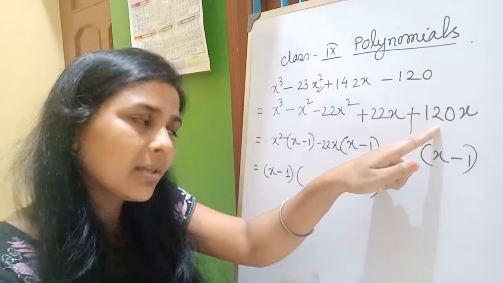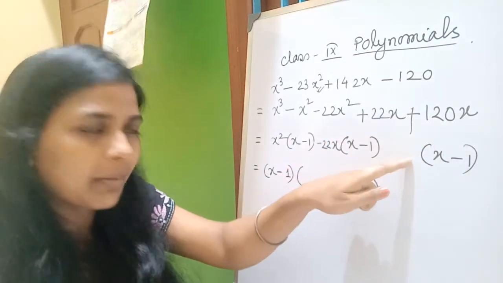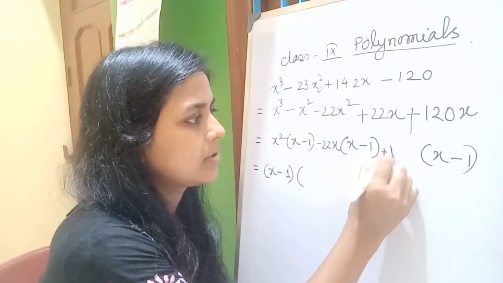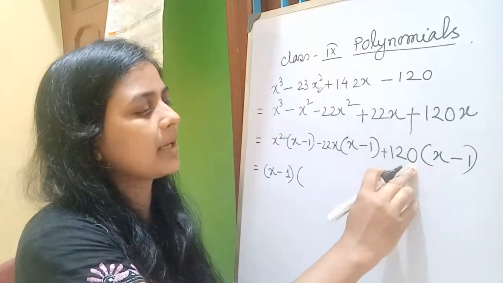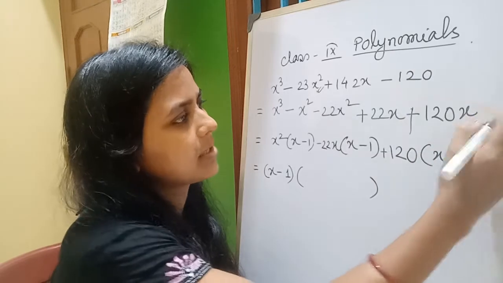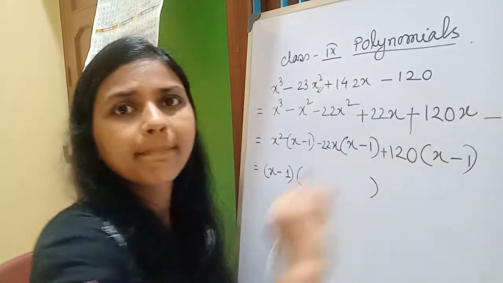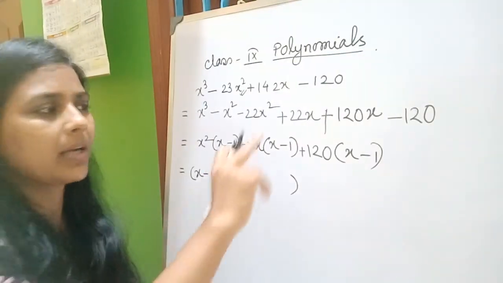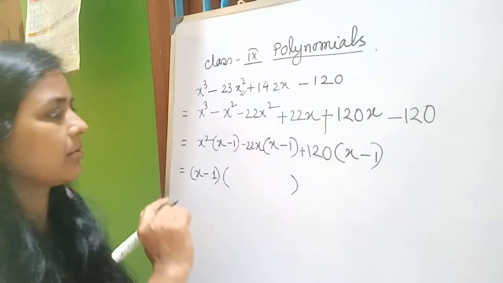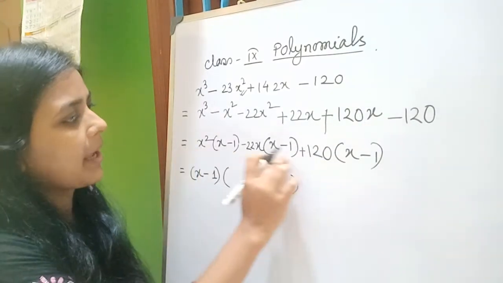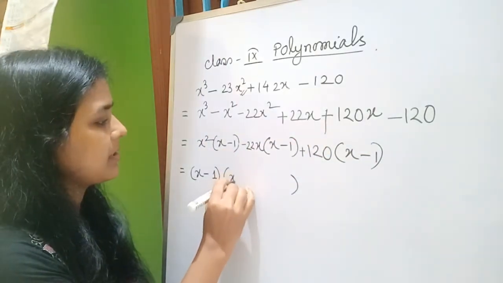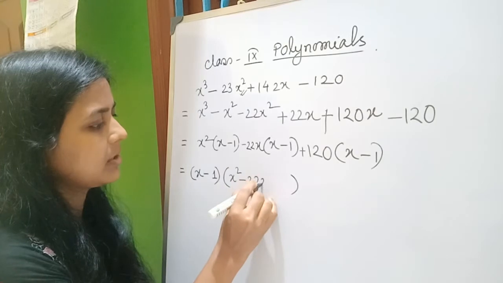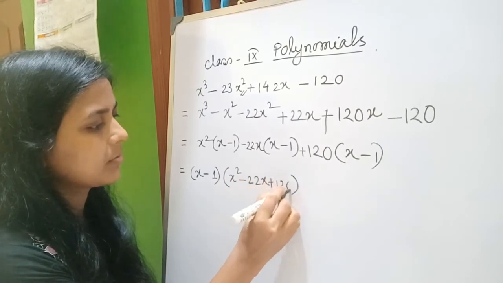Once we have got plus 120x here, we come down again to match it. Plus 120 is the multiplier, 120x and minus 120. So we have got the factorization process. That means here it is x square minus 22x plus 120.